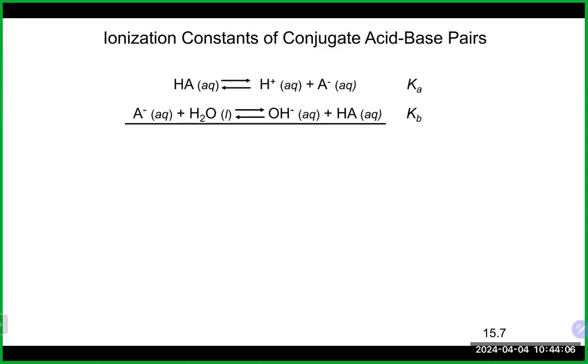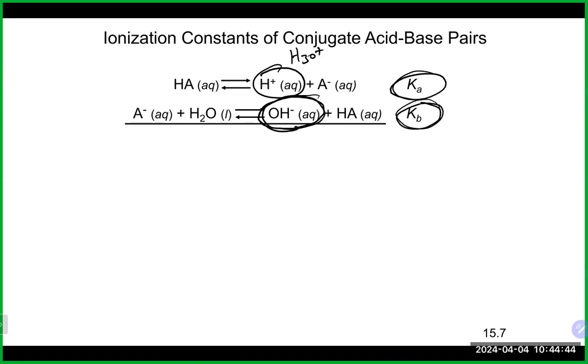And also, going back to writing the equations correctly and why it's really important: if you write the equation correctly and on the product side you see H plus or H3O plus, that means you should definitely be using a Ka value when you're doing any type of calculation. Similarly, if you write the equation correctly, which hopefully you should, and you see hydroxide on the product side, you definitely should be using a Kb type of number.